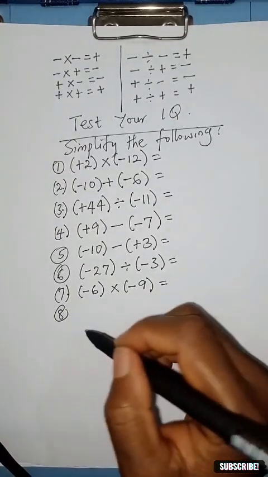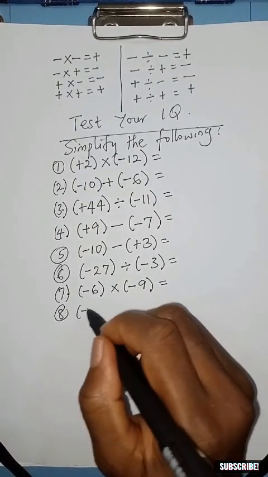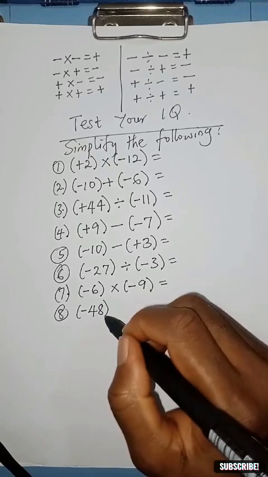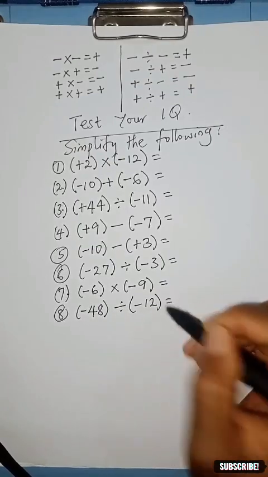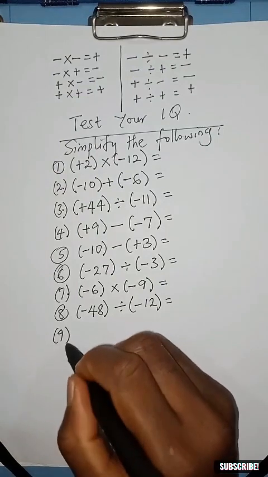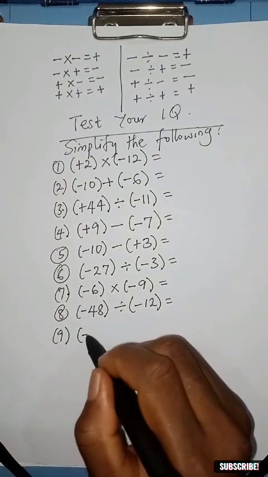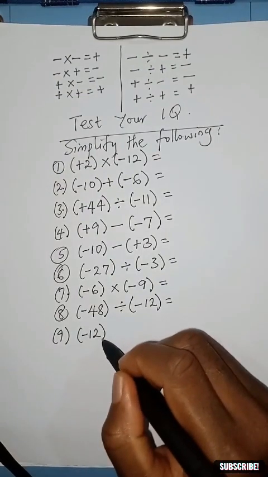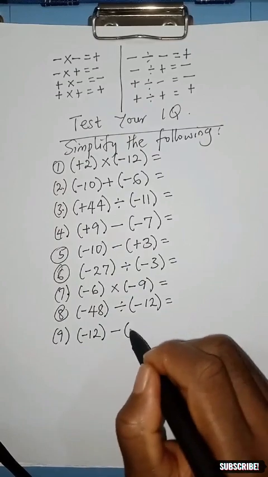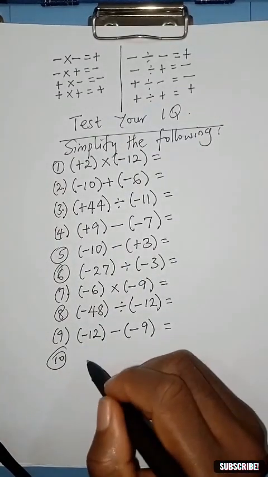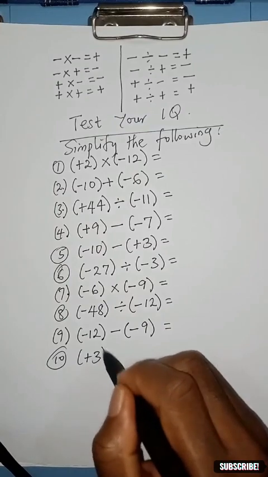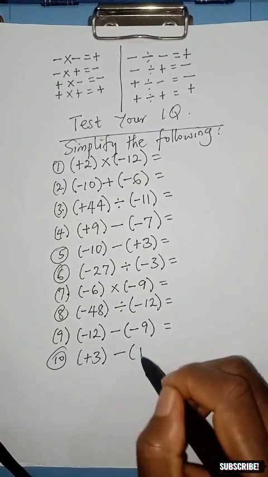Number 8, minus 48 divide minus 12. Number 9, I have minus 12 minus 9. And number 10, I have plus 3 minus plus 3.